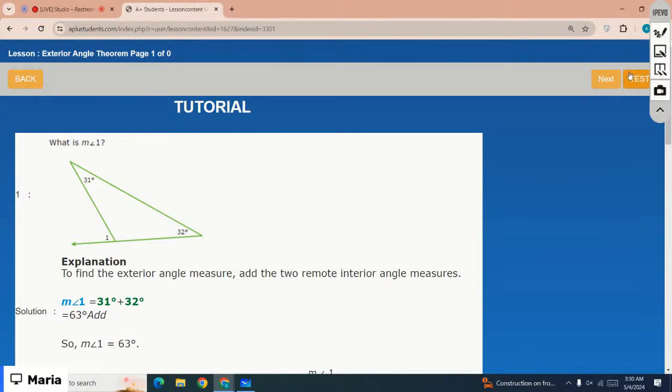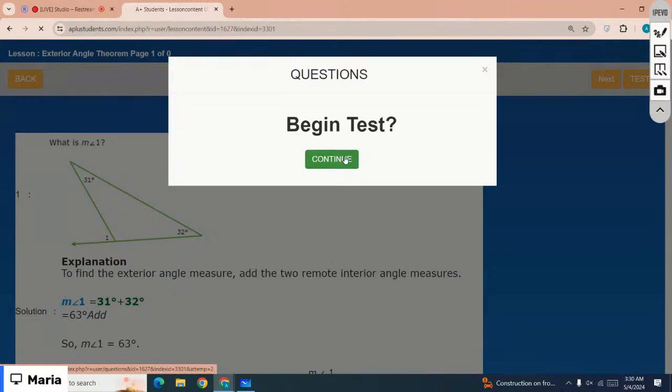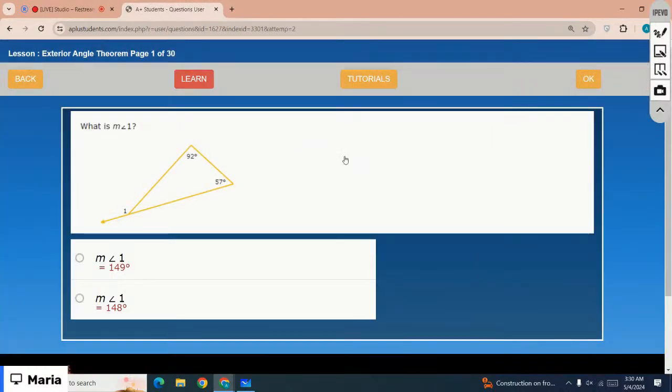Okay, let's just start with the test questions. What is the measurement of angle 1? So angle 1 is an exterior angle, right? So the exterior angle 1 is the sum of the two corresponding connecting angles, right?